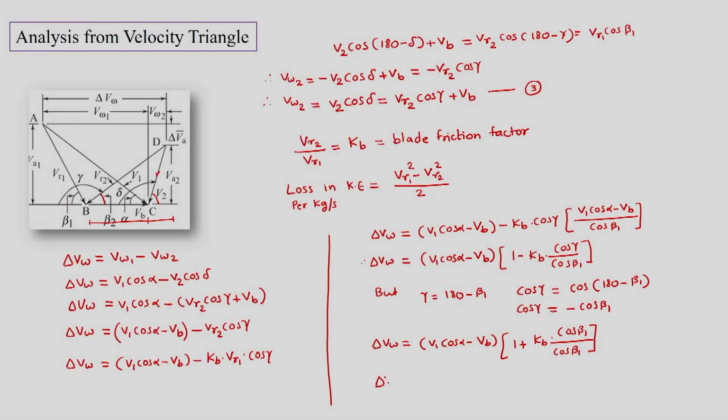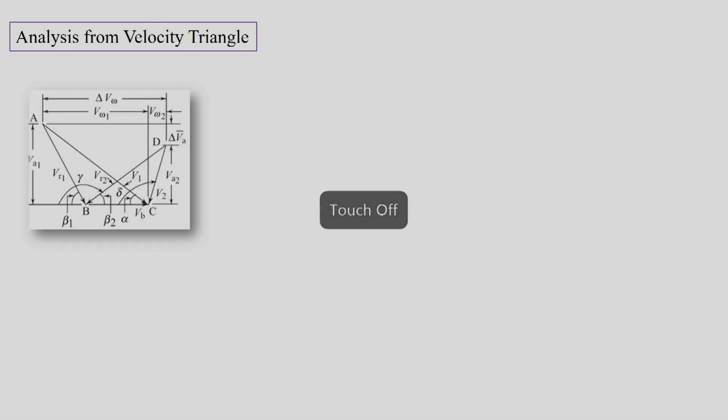So we will have delta VW is equal to V1 cos alpha minus VB into 1 plus KB. So this is the expression for our change in whirl velocity. Now using this expression we can find out what is the PT.